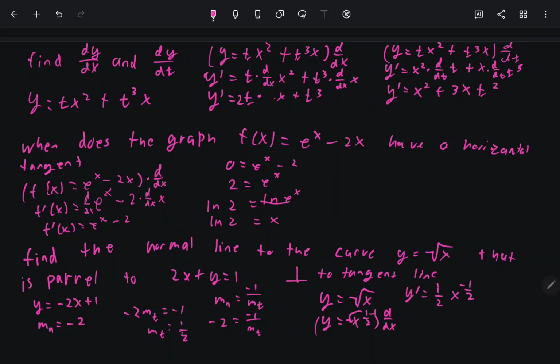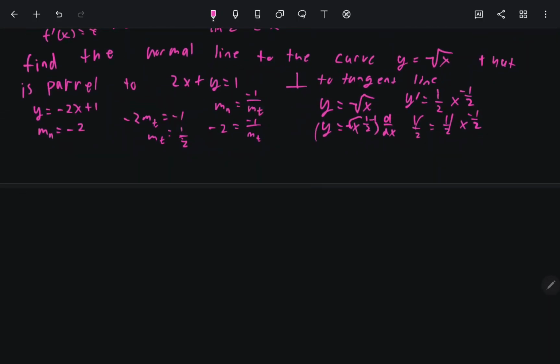Alright, and now what? Well, we just need to set this equal to 1/2. So we get 1/2 x to the negative 1/2 equals 1/2. Surprisingly enough, the 1/2s cancel, so we are just left with 1 is equal to x to the negative 1/2.